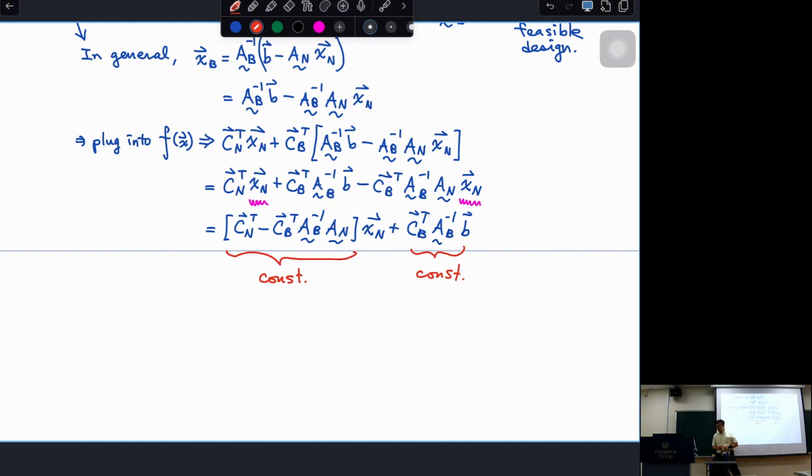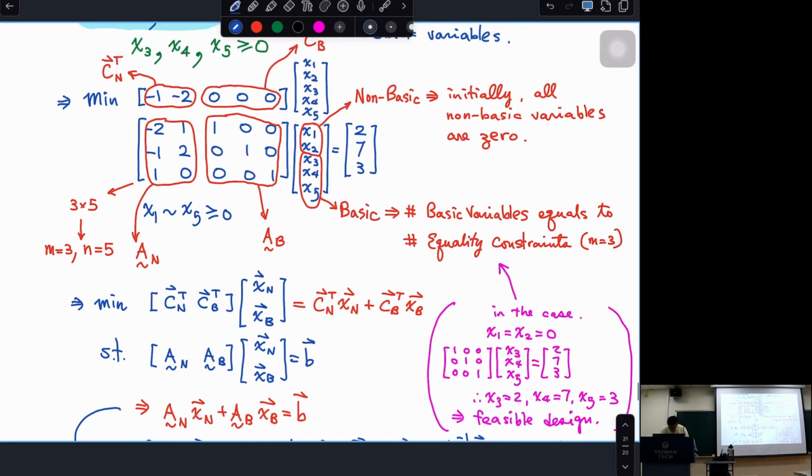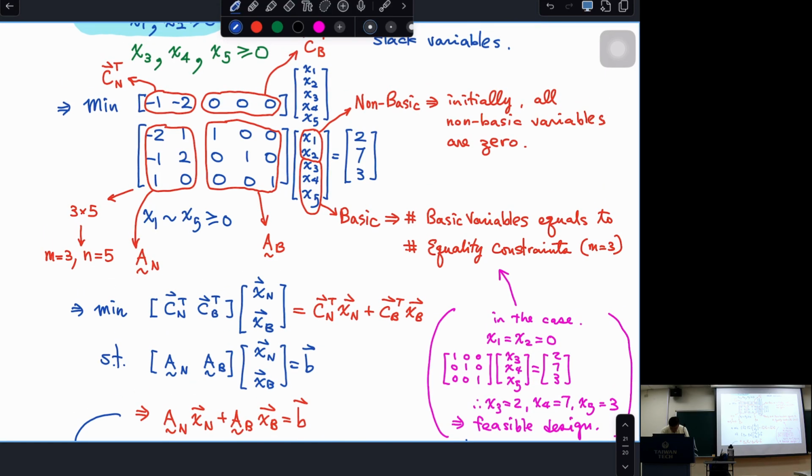Okay? So let me show you what's happening. So if I use the example that we had earlier, if I copy these, actually I need to copy these.